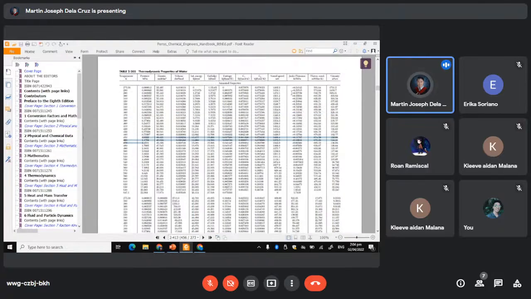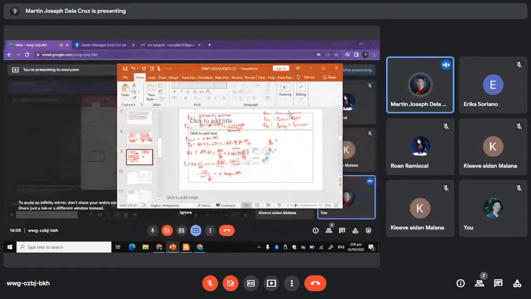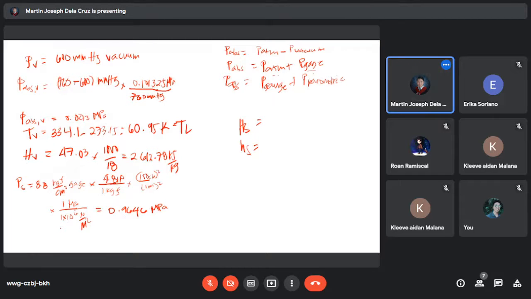What did you get for the absolute pressure? Our absolute pressure is 0.9646, so your P-abs of steam now is 0.9646 megapascal.